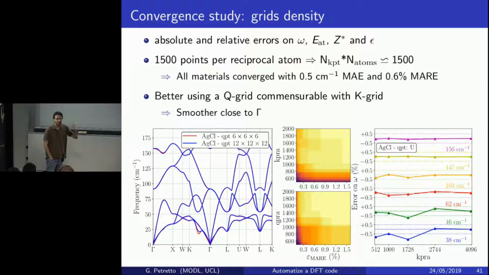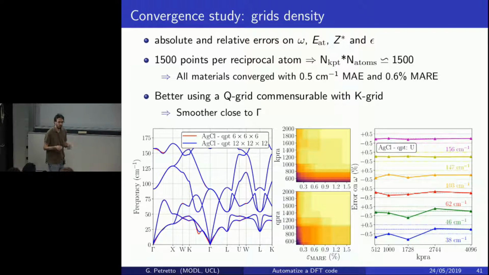If you have no clue, this basically means that the number of K points multiplied by the number of atoms in your cell should be roughly 1,500. To be fair, this already gives quite well converged calculations. I did not find a material that was very badly converged with this, but the convergence study also came up with a few more hints about what would be good to choose as a grid.